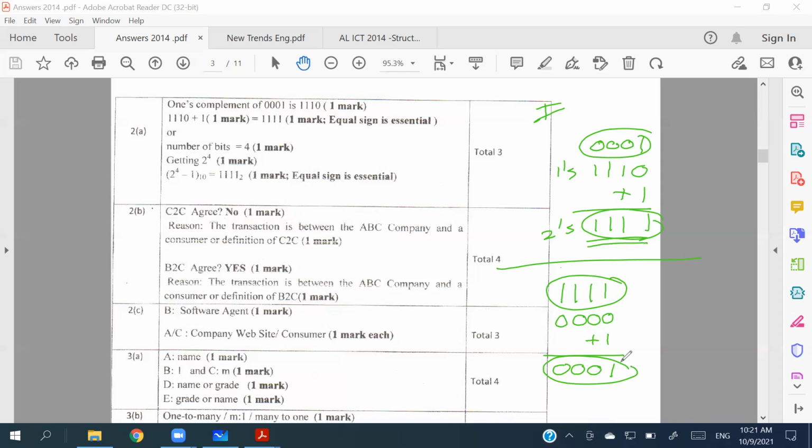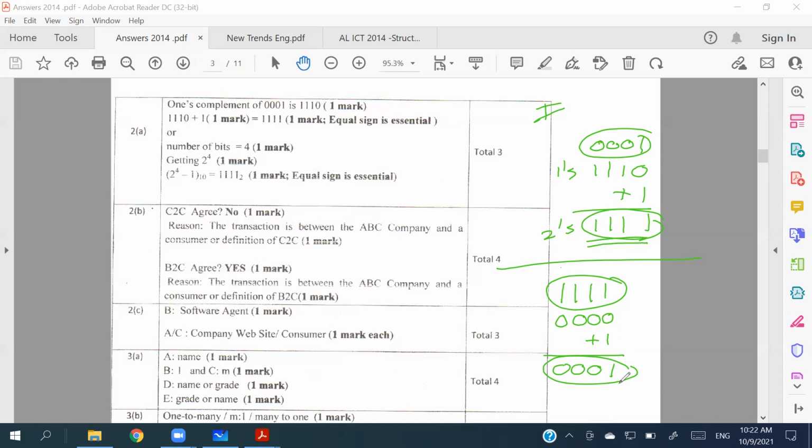And for part B, they have given you some e-commerce transactions, and they are asking whether you agree with it or not. As the question says, ABC company sells DVDs and tablet PCs through eBay.com, eABC.com website. The company has classified transactions into the business type as given in the first 2 columns of the following table, right?